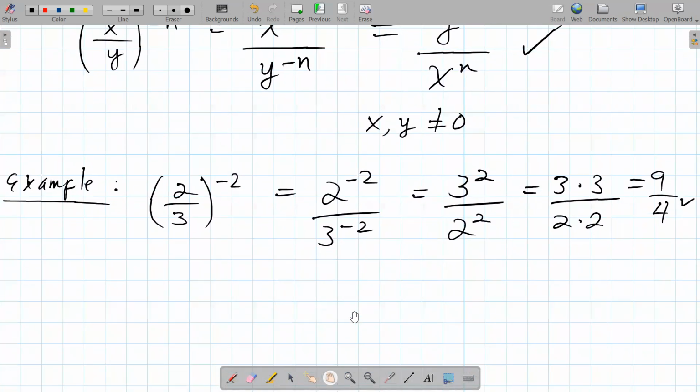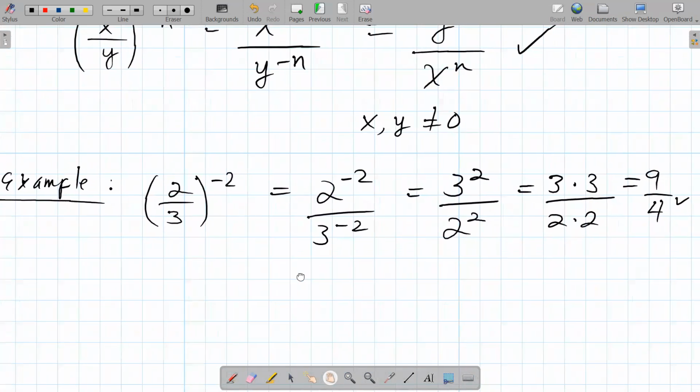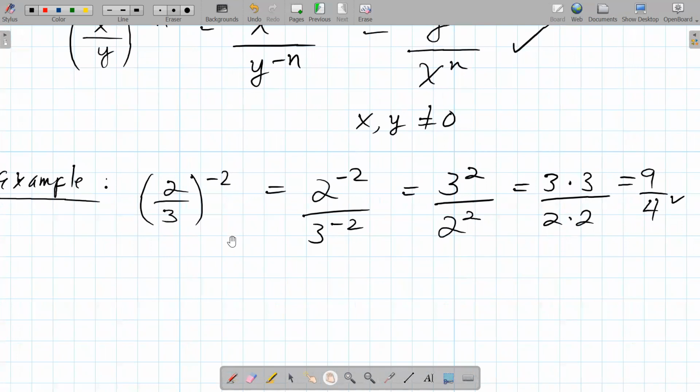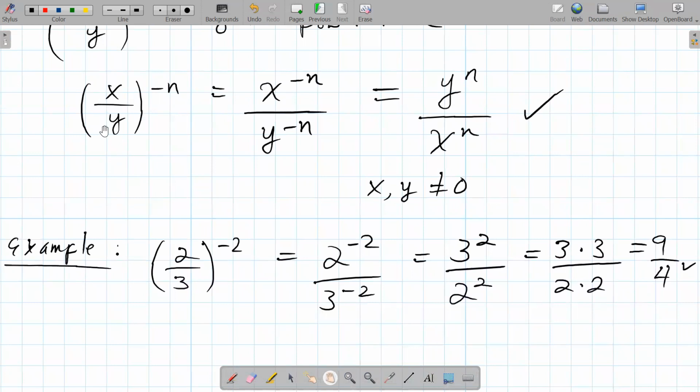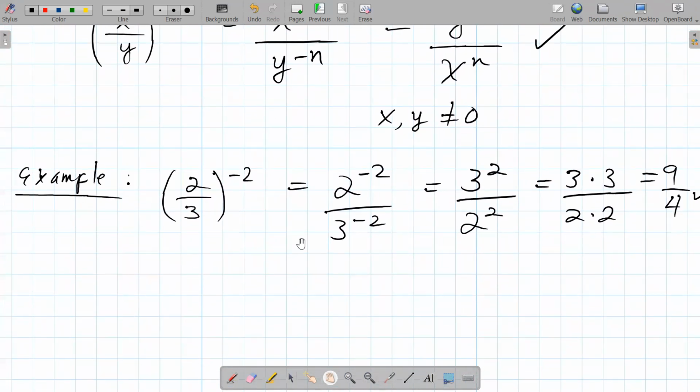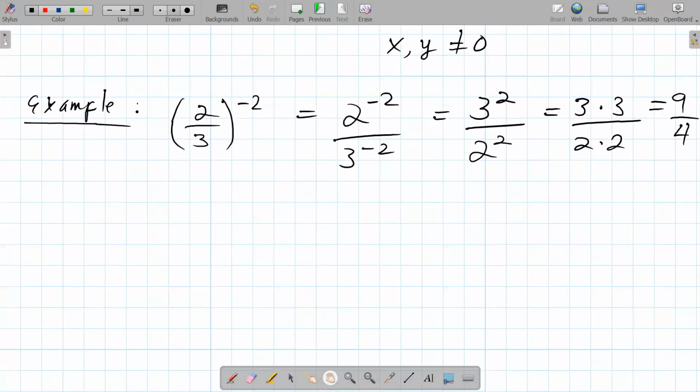So it's a very simple concept here. Okay, a very simple concept that if we have items in a room, so to speak, and the exponent is negative, all that you gotta do here will be to swap the positions to make it what? Positive. Okay, to make it positive. It's very, very simple.